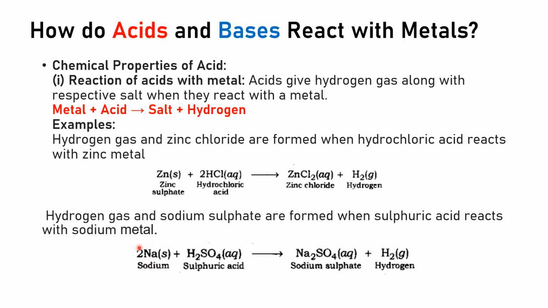So sodium will replace hydrogen. You will get sodium sulfate, and hydrogen gas is evolved. These are the two equations we have taken here. Zinc should be solid here, so don't consider the sulfate.